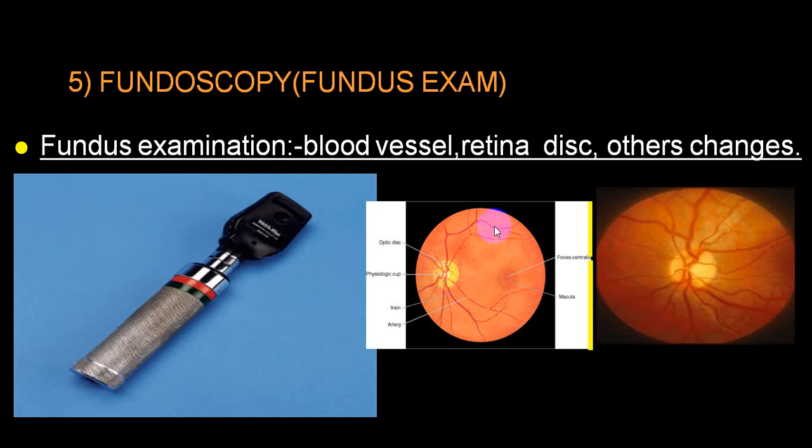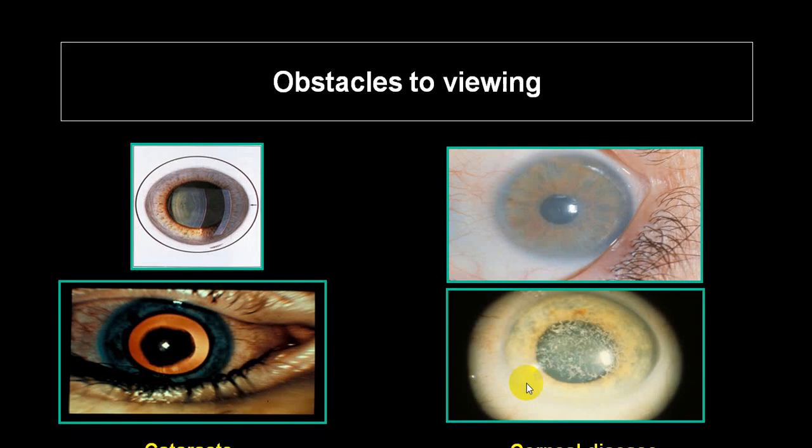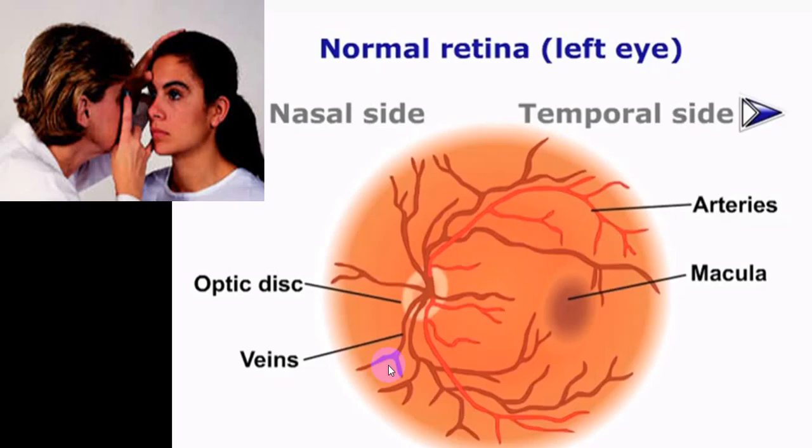You look at the other retinal fields for hemorrhage, exudates, etc. All those you should look for. But before that, you look for obstacles. If there are any obstacles in the form of lens opacity, corneal opacity, or a hyphema, anything in the anterior chamber or posterior chamber, those you should rule out.